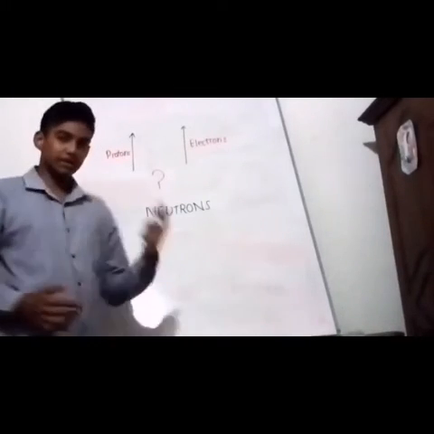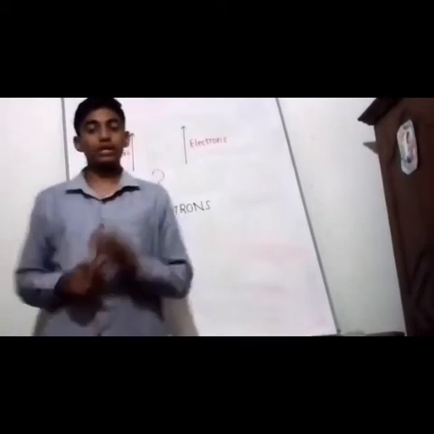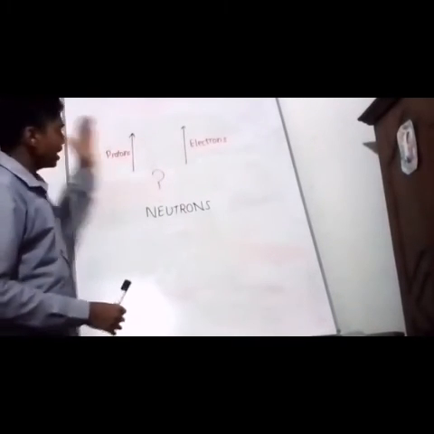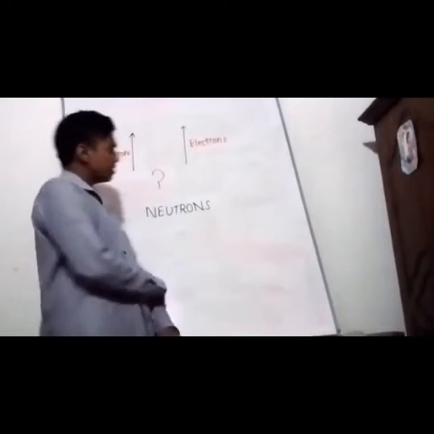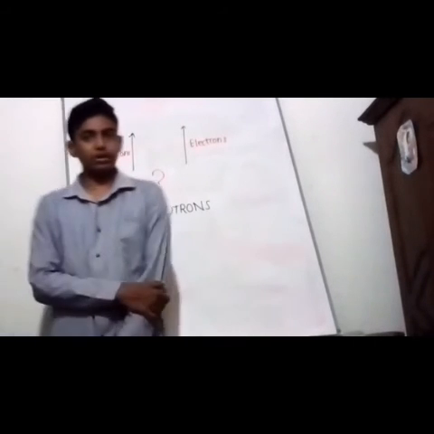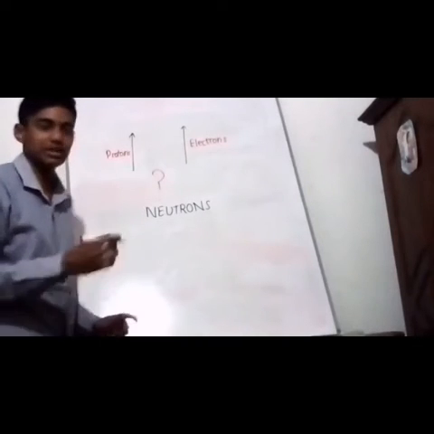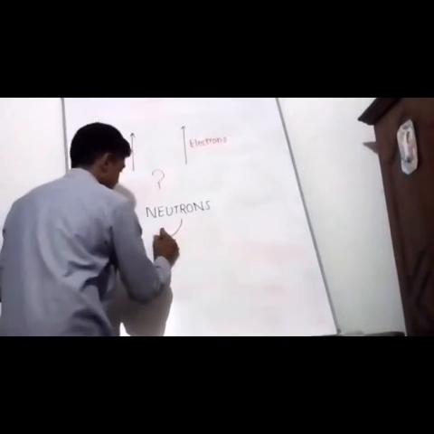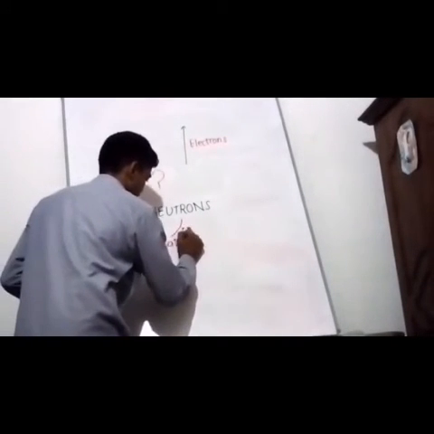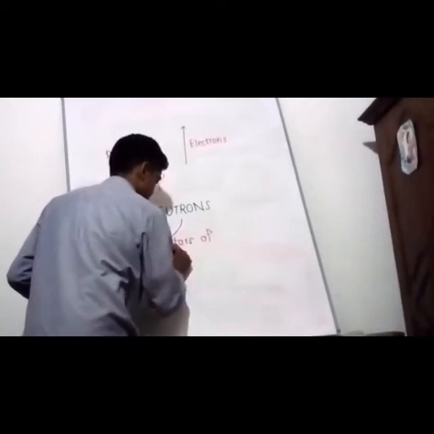Now we know that new elements are formed by increasing the number of protons and electrons. But what about neutrons? We can't leave our friend neutron out, can we? If we start playing around with the number of neutrons in an atom, we will get avatars of elements.